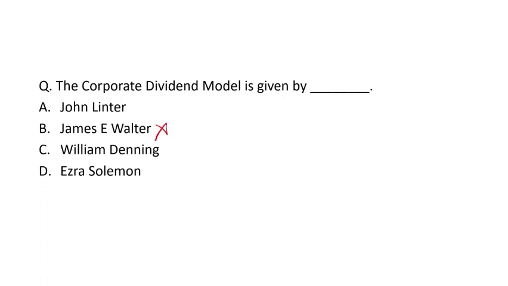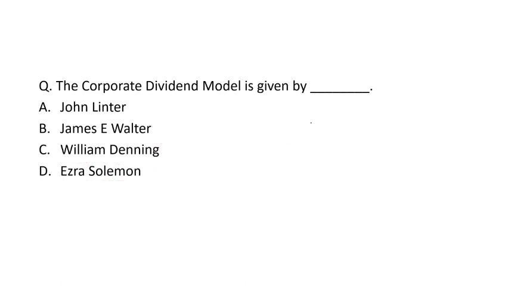James E. Walter has given the share valuation, the Walter model. William Deming is totally out of question because he has no role in financial management. Ezra Solomon has contributed to capital structure theories and the residual approach to dividend.